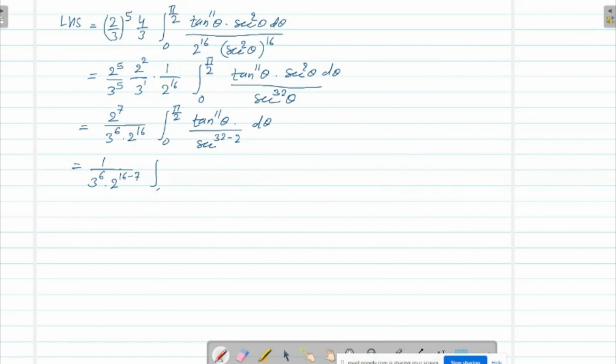Integration with limit 0 to pi by 2. This can be written as 10 raised to 11 theta by sec raised to 30 theta and d theta. So this can be written as 1 upon 3 raised to 6 into 2 raised to 9.